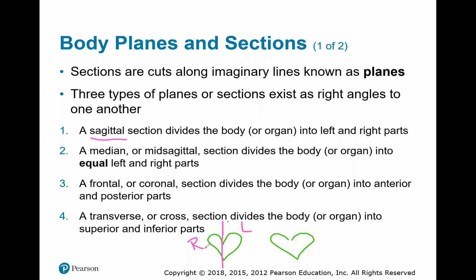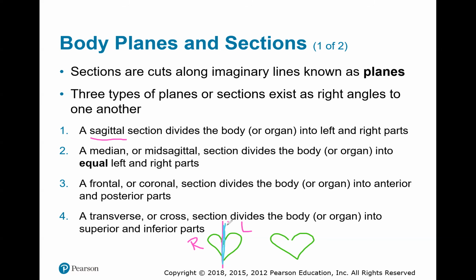Make note, sagittal is spelled with two T's because this will come up in the future when we write some of the naming. So a sagittal section or a sagittal plane would create a right and left half. This can be straight down the middle, or it could be off-centered. So if it is in the middle, we refer to it as either the median or the mid-sagittal section.